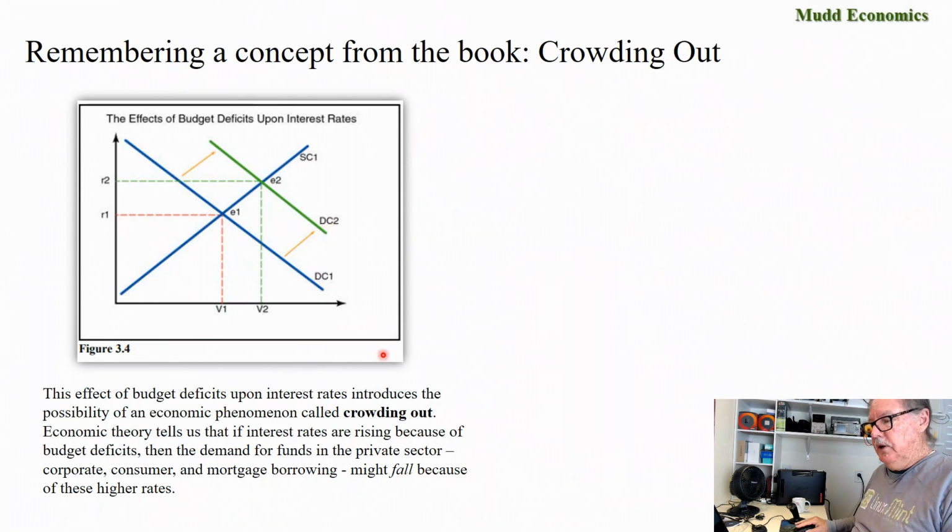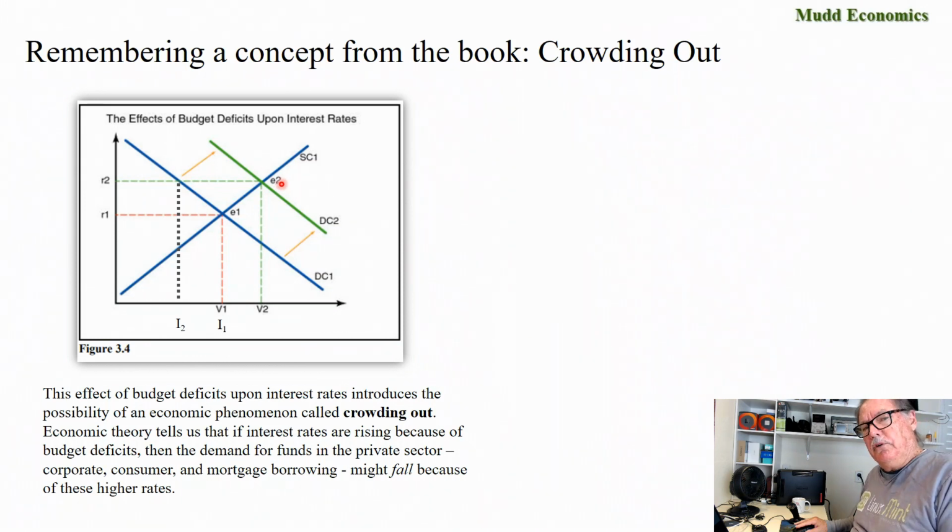We want to introduce a new component of the slide. This right here, I1, represents the level of investment that was to be found at R1, because remember, we're saying DC1 by assumption is only the investment function, which is negatively sloped in interest rates. We're saying that when the budget deficit increases the demand for credit or the demand for funds from DC1 to DC2 and produces a higher interest rate, the total equilibrium demand and supply of funds is at E2.